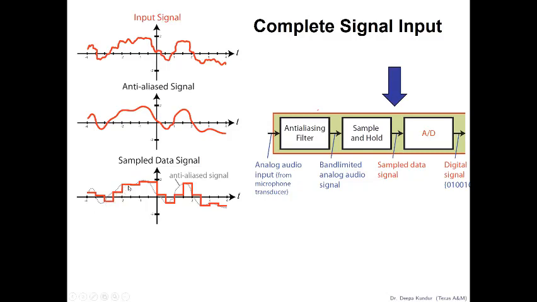So usually we have to precede the whole process with a sample and hold operation, which has its own spectral impacts. And if you read through the textbook material, it turns out that it's not going to change the fact that we're going to make spectral copies of our original signal when we sample it.